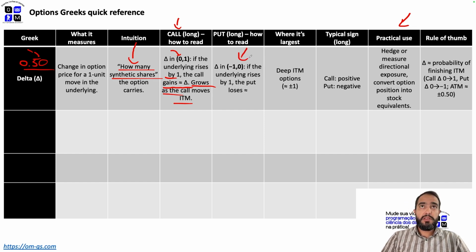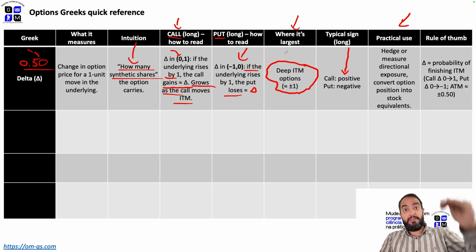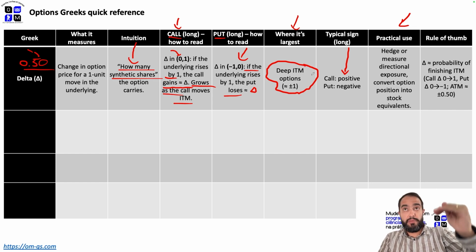If you're long and the underlying asset rises, your losses are going to be equivalent to the delta. They are largest in options that are deep in the money. They will always have opposite signs because they will vary differently depending on whether you have a put or a call. You will have a different directional movement depending on which one you have.